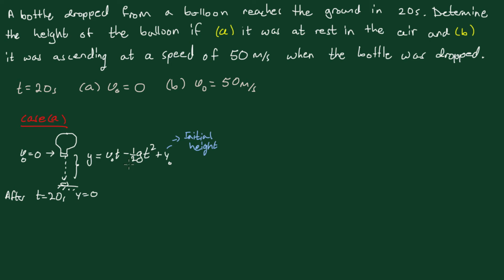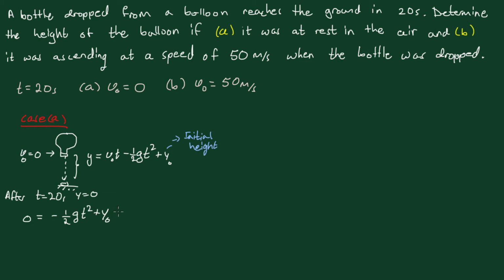So if we plug in these pieces of information, we find 0 is equal to negative 1/2 gt squared plus y0. Notice there's no v0t here because v0 is equal to 0.